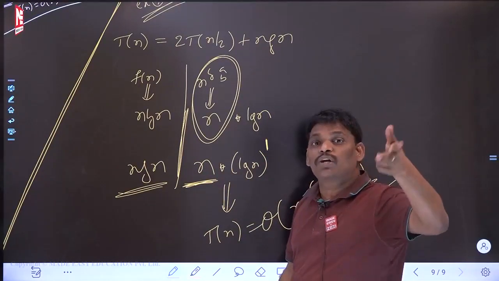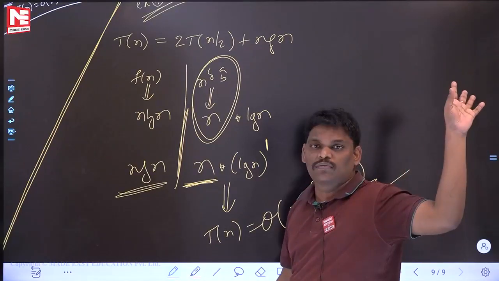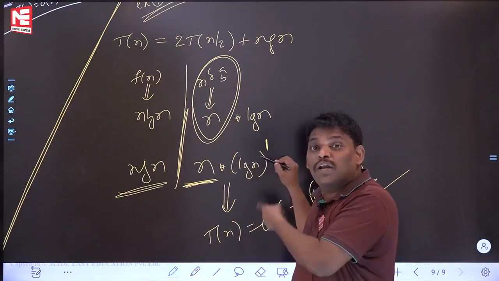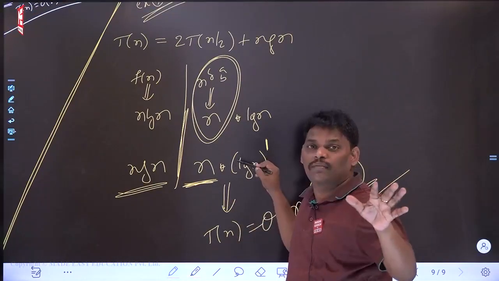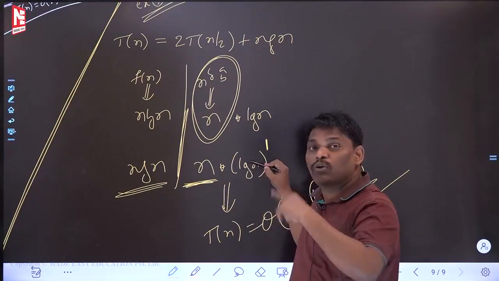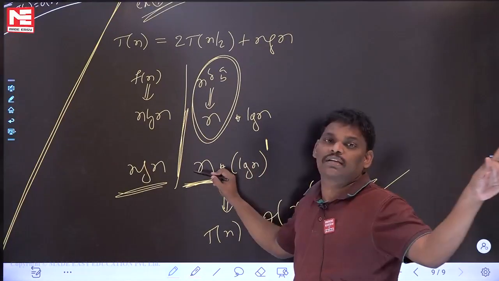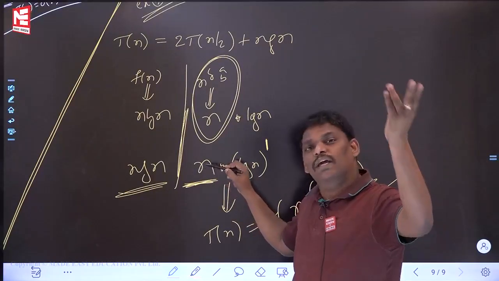Polynomial time smaller or polynomial time bigger is case 1, case 2. Case 3 is saying that the right hand side person is logarithmic time smaller than f of n. Both are asymptotically equal, then also case 3.